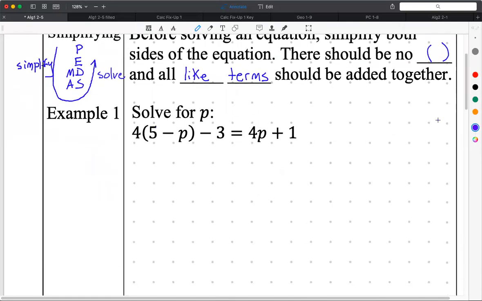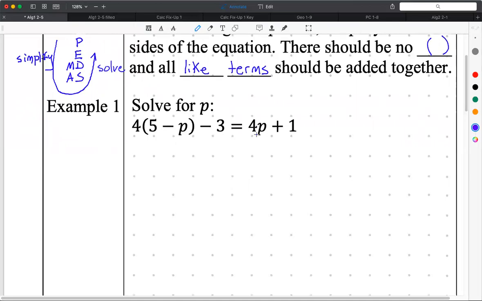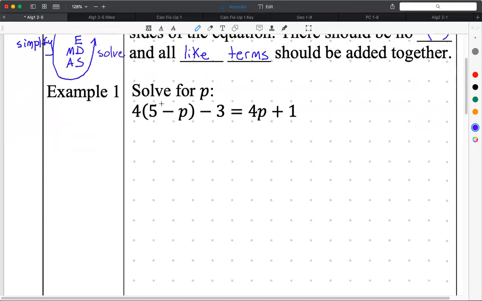We're solving for P. So first, again, we're going to be simplifying using order of operations, going down with PEMDAS. Who wants to do that step for us? Jose. Okay, so first you have to do the parentheses.